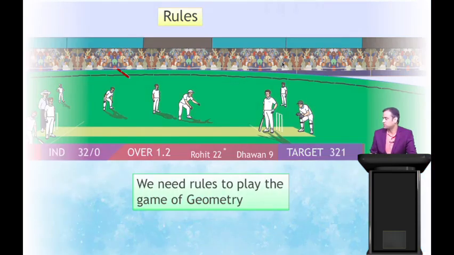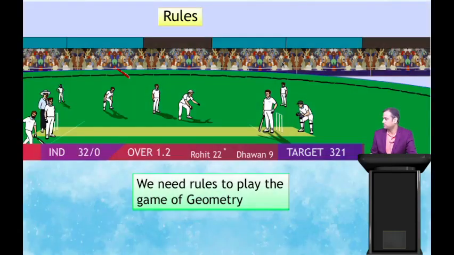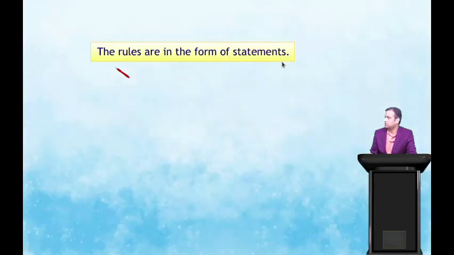So we need rules to play the game of geometry. The rules are in the form of statements. Now what are the rules? If we start to play the game of cricket, we just need some rules.